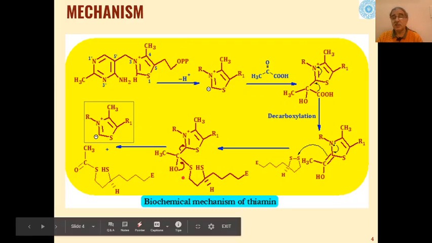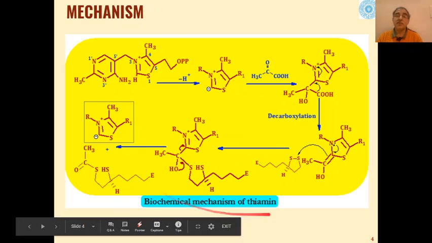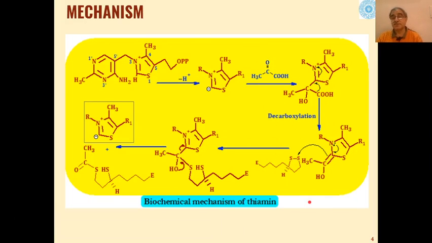And then this will undergo removal of the proton from here and breaking of this carbon-carbon bond to regenerate this carbanion, which will again react with the keto acid for decarboxylation. So this is how thiamine reacts with different types of keto acids for their decarboxylation.